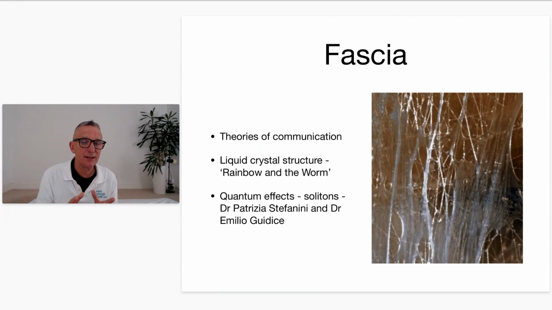But basically, one of the key books, which I've read myself, and I've got it in the library next door in the library of the Shiatsu Center, is The Rainbow and the Worm by Mae-Wan Ho. She's actually died now, sadly. But she wrote the standard text on the liquid crystal structure of fascia and how it's basically piezoelectric. So if you press the fascia, it actually creates an electrical charge.